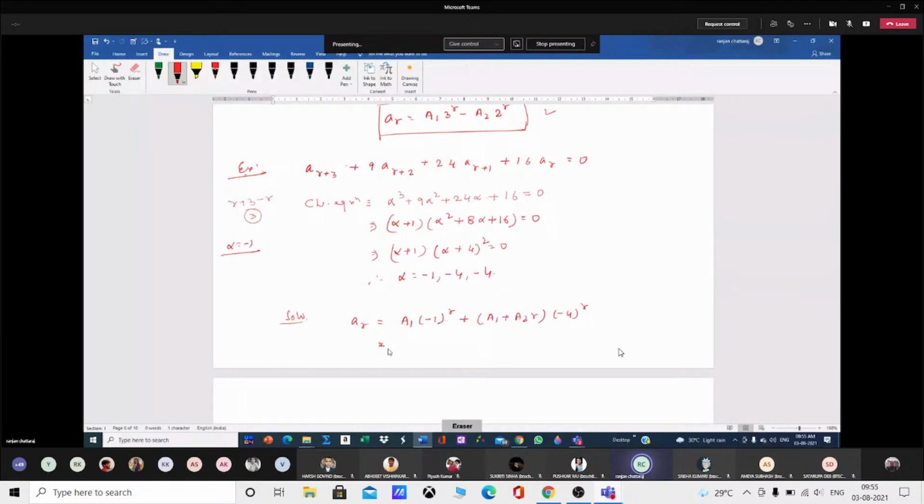You may write minus 1 to the power r as common, but leave it. This is the solution.